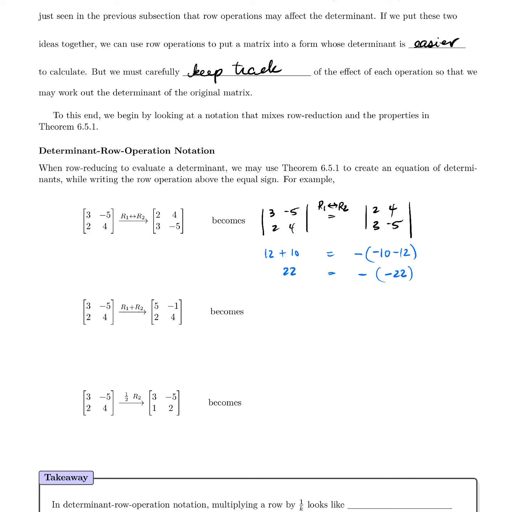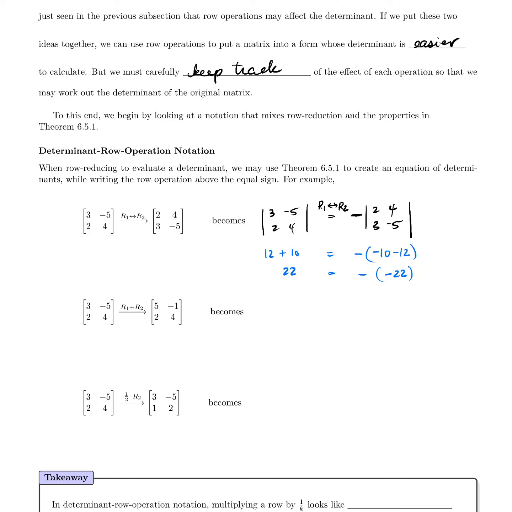And to fix that, I need a negative, right? 22 is negative 22, which means that the original equation can be fixed if I put a negative sign outside that determinant. And so this is this row operation translated into determinant-row-operation notation: the row operation above the equal sign, determinant bars instead of the square brackets, and the equation made true by fixing it, in other words, by taking account of the effect of that row operation on the determinant.